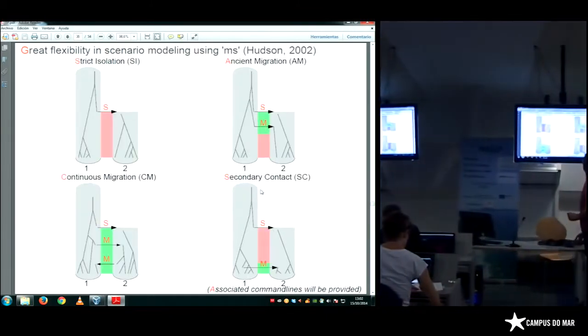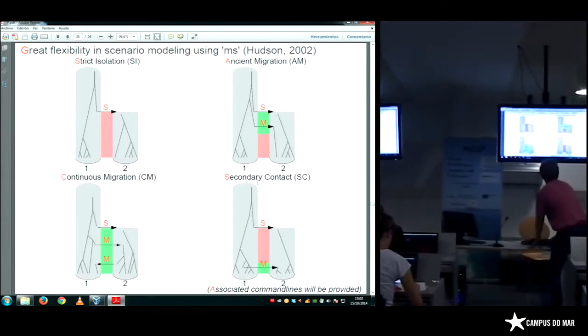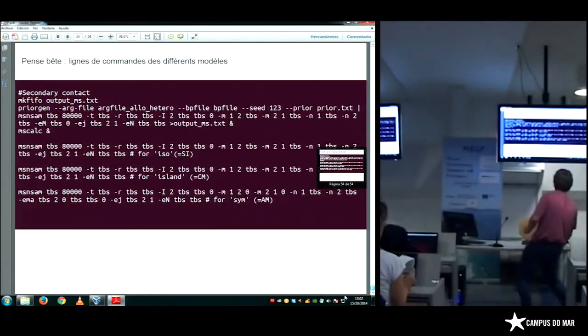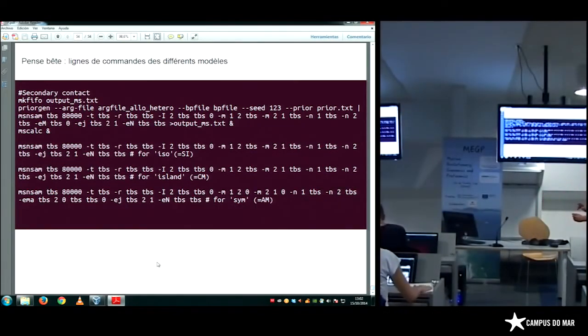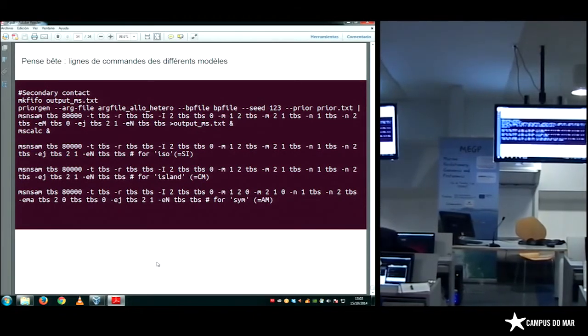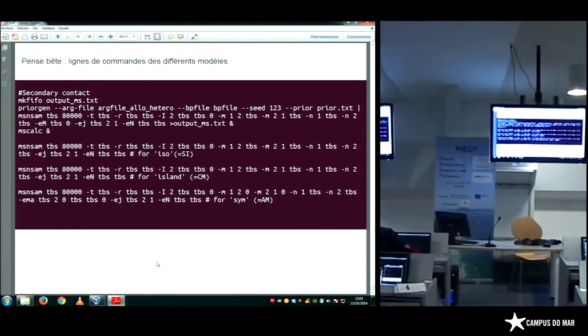Okay, so here are the 3 scenarios we want to simulate, and the command lines are here. So you see that it's not always easy to make MS simulate what you want. You have to play with it. 1 hour is not enough.